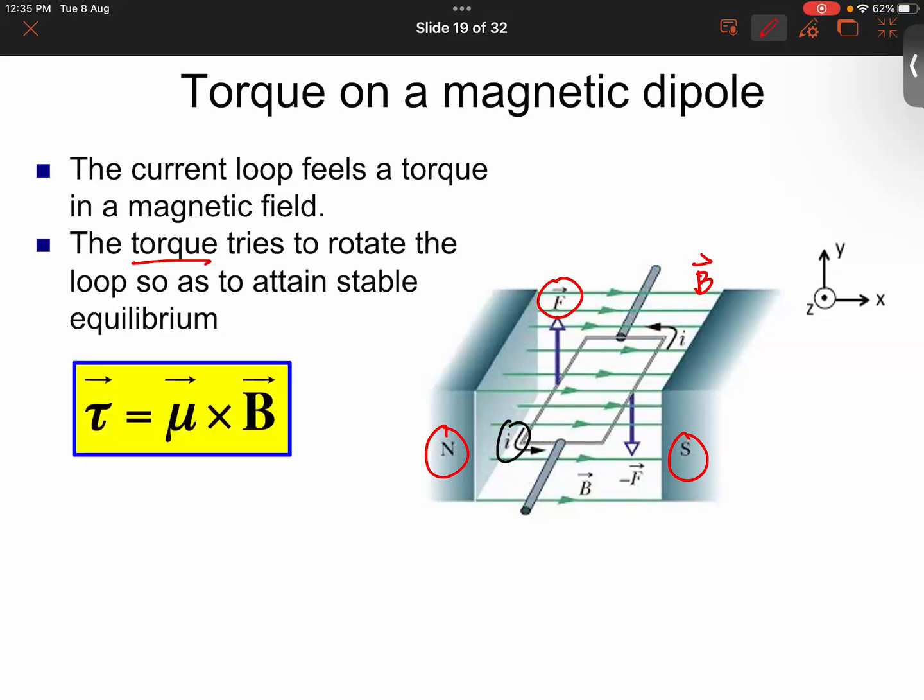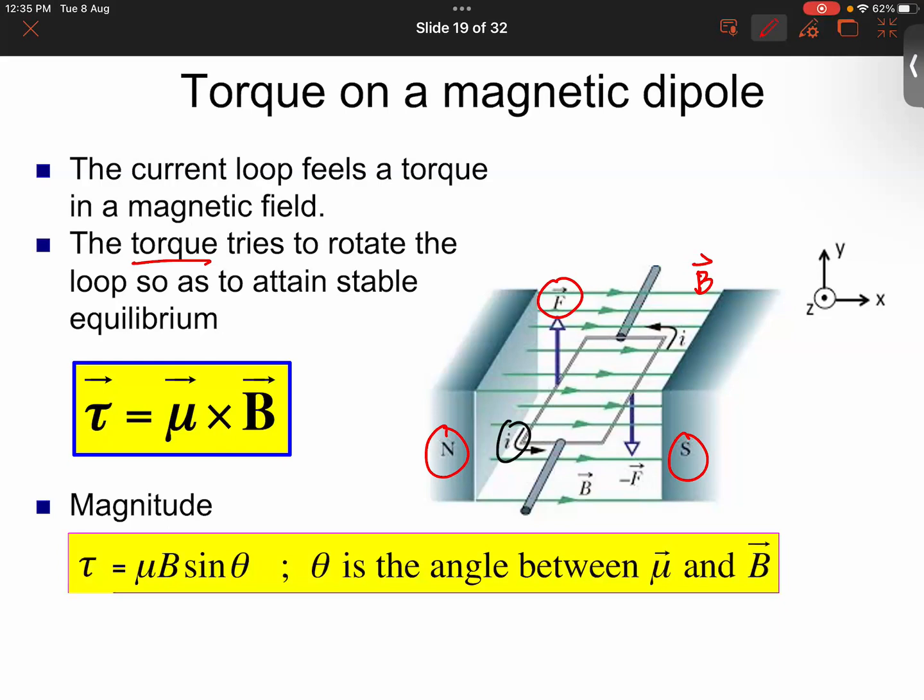The torque that the current carrying wire experiences is given by this equation. Tau, of course, is the torque. It needs a magnetic field because it's only in the presence of a magnetic field that you have a magnetic force. And it depends on this mu, which I will discuss later on. As you can see, it's again a cross product between two vectors, the mu vector and the magnetic field B vector.